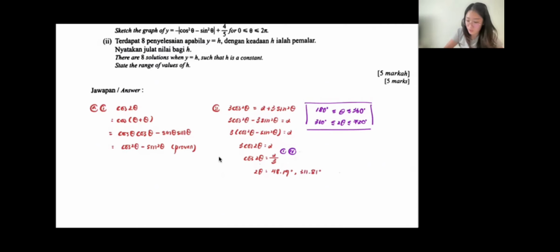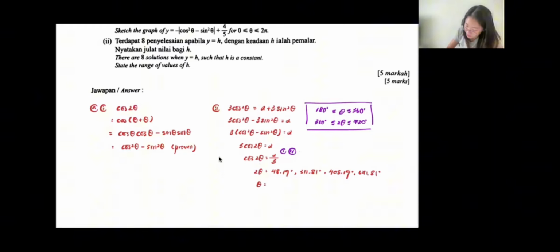Then remember, you have 2 rounds. So this angle plus 360, this angle plus 360 to get the second turns, first quadrant and fourth quadrant. So that will be 48.19 plus 360, 408.19. And then the other one is 671.81.